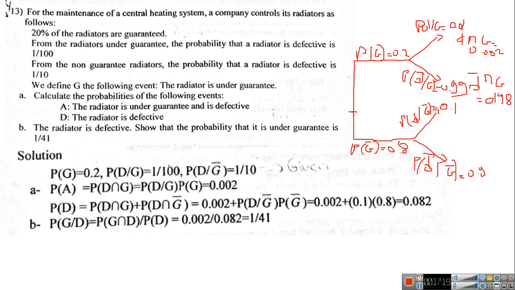Because I have knowing G and knowing G bar, so G and G bar. Here, D intersecting G bar is 0.08. And the last one, D bar intersecting G bar, is equal to 0.72. If you make this sum, 0.72 plus 0.08 plus 0.198 plus 0.02, it must give you 1.